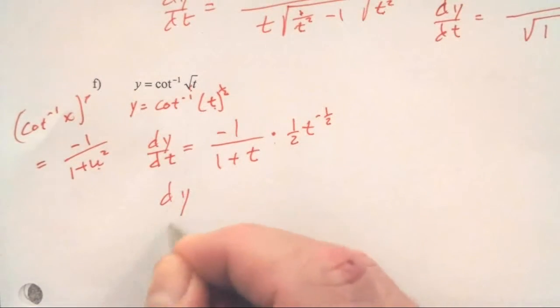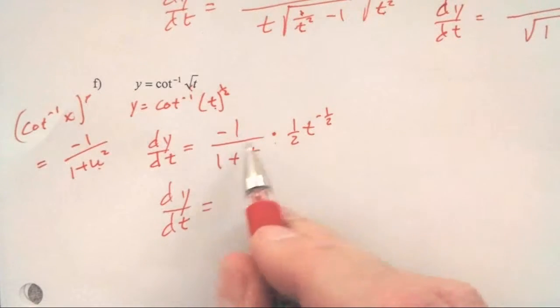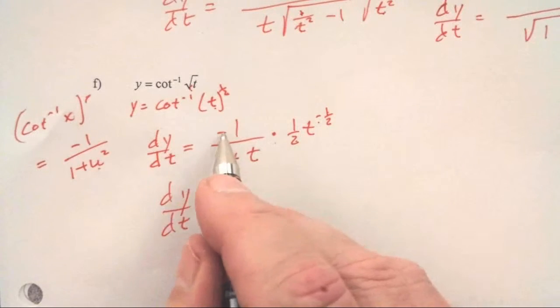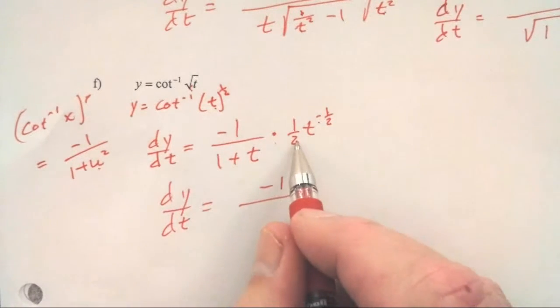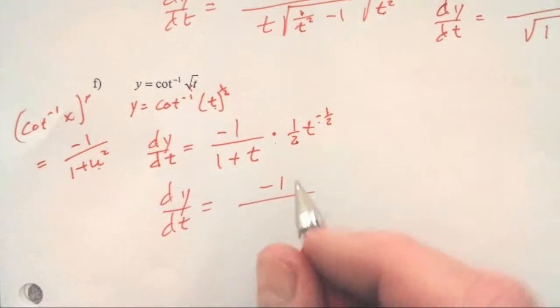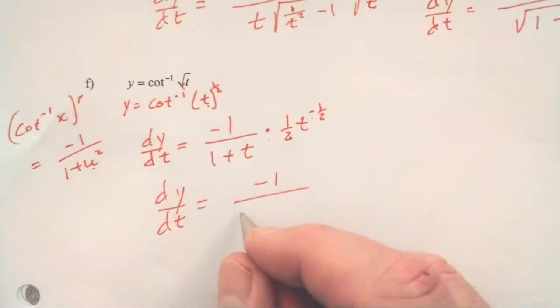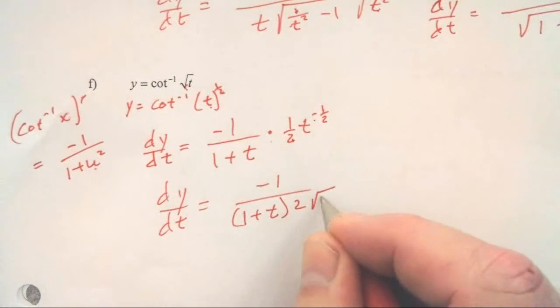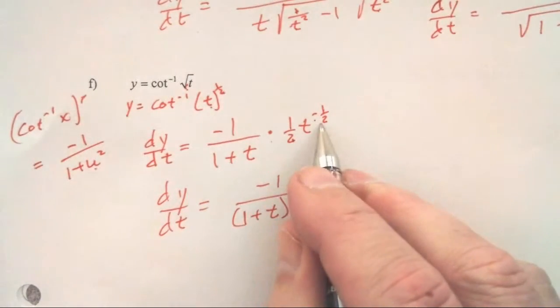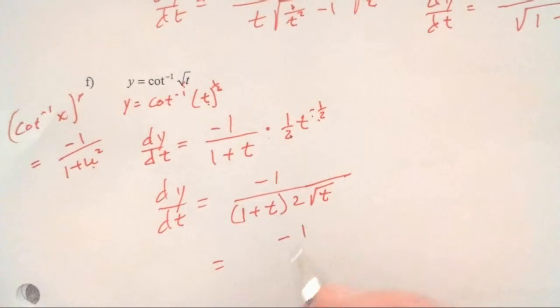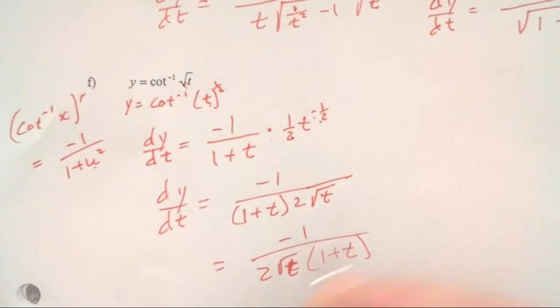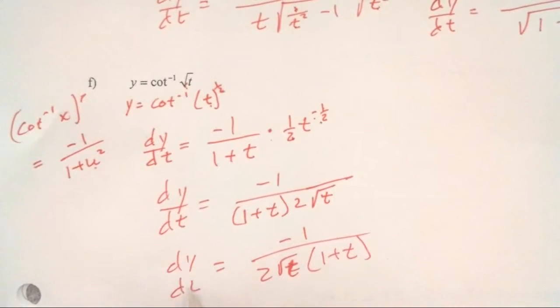So dy/dt is negative 1 over 1 plus t, multiplied by the 2 and by a square root of t, so I end up with negative 1 on 2 root t times 1 plus t.